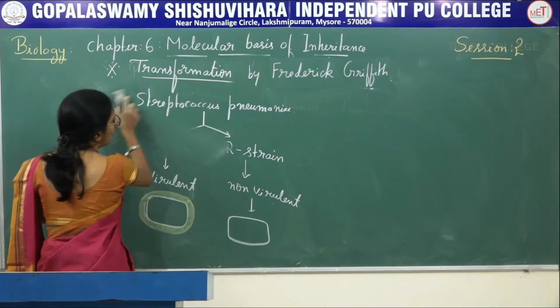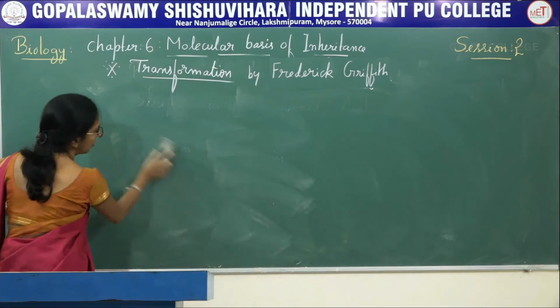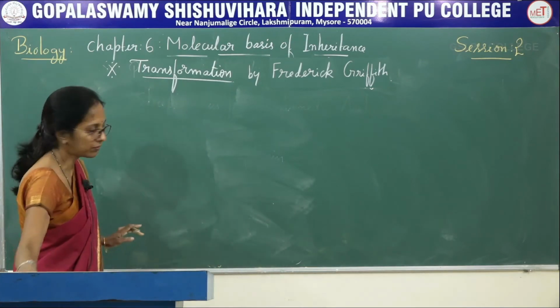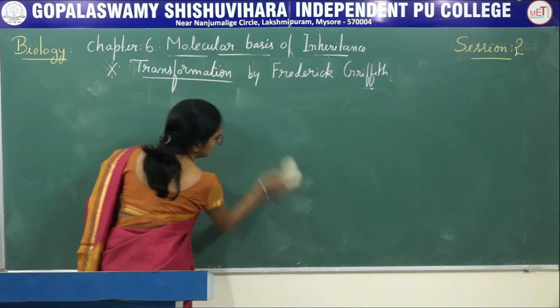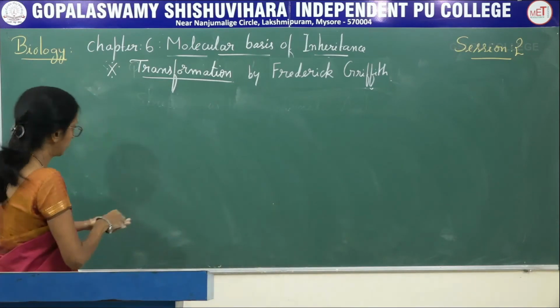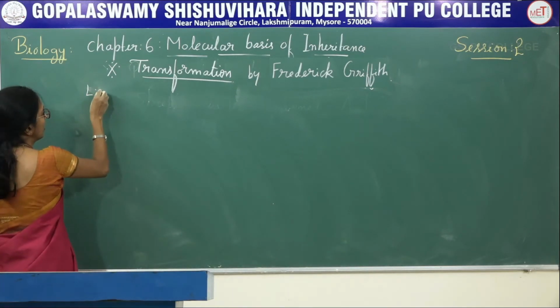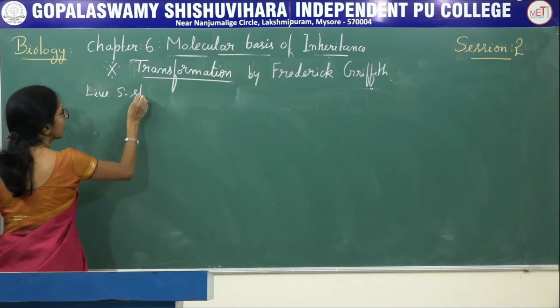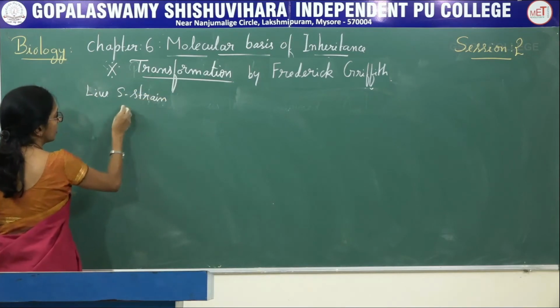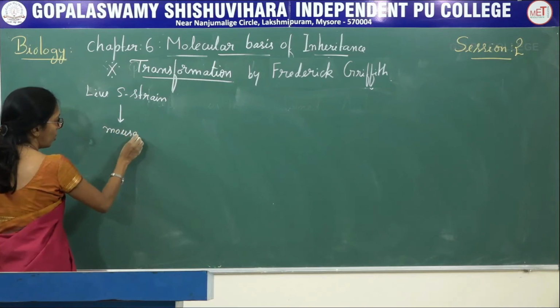So, now Griffith conducted experiments on mouse. What he did is, live S strain is injected into the mouse.